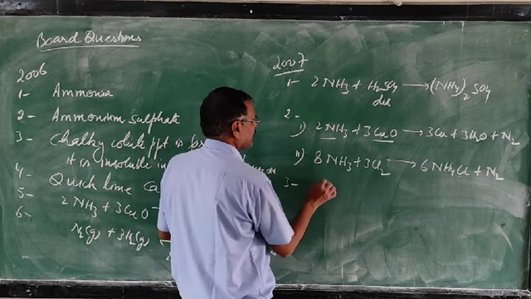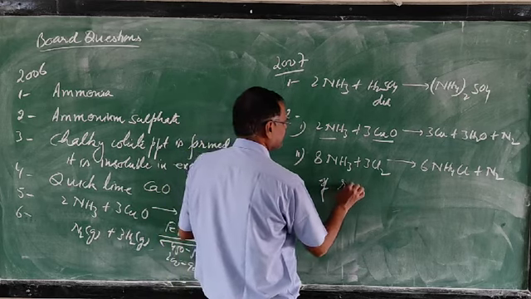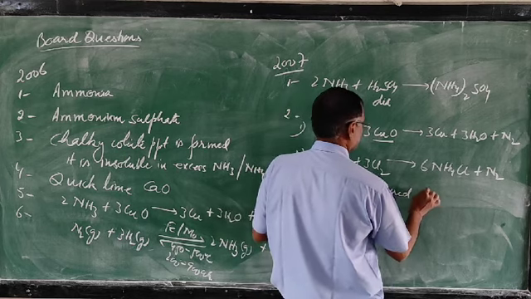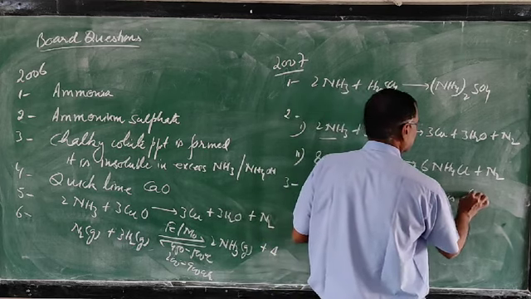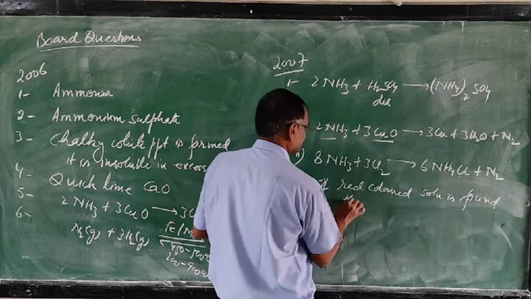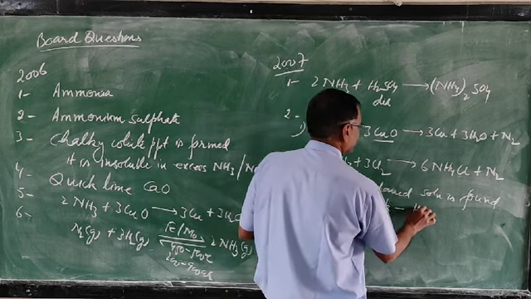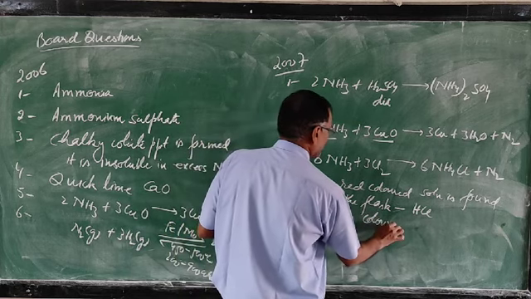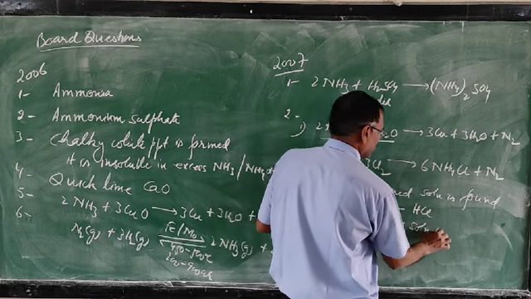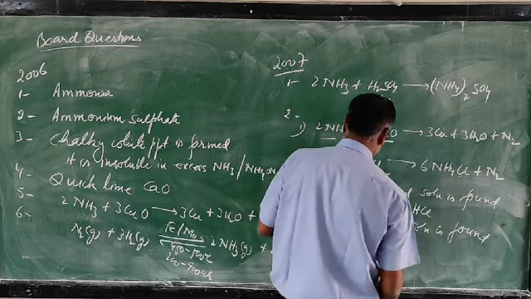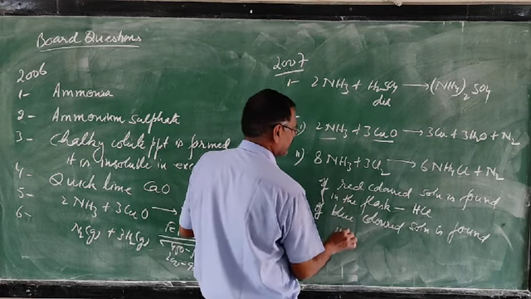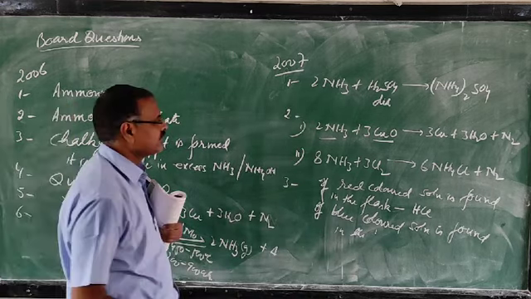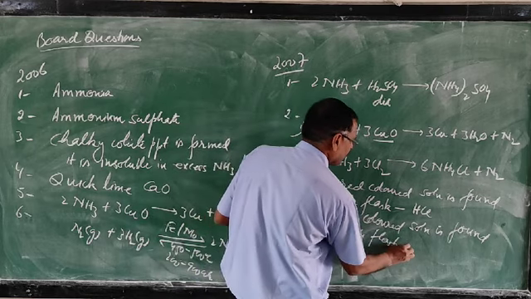So if a red color solution is found in the flask, it will be HCl. If a blue colored solution is found in the flask, it will be ammonia.